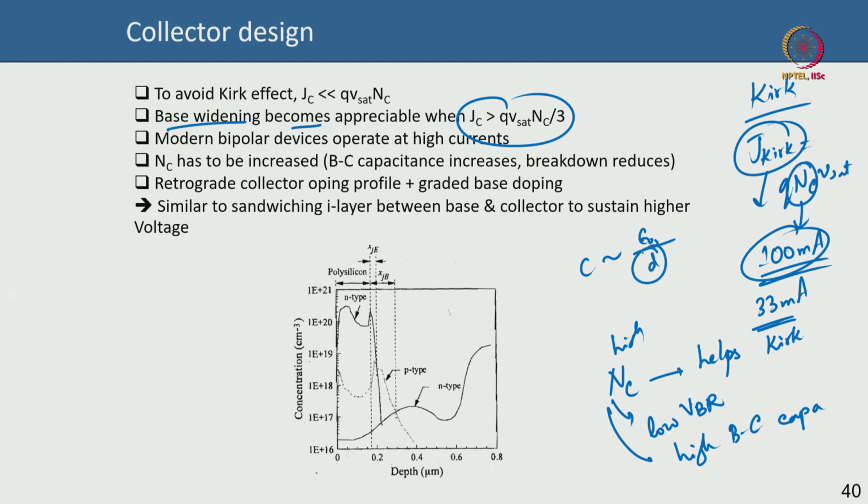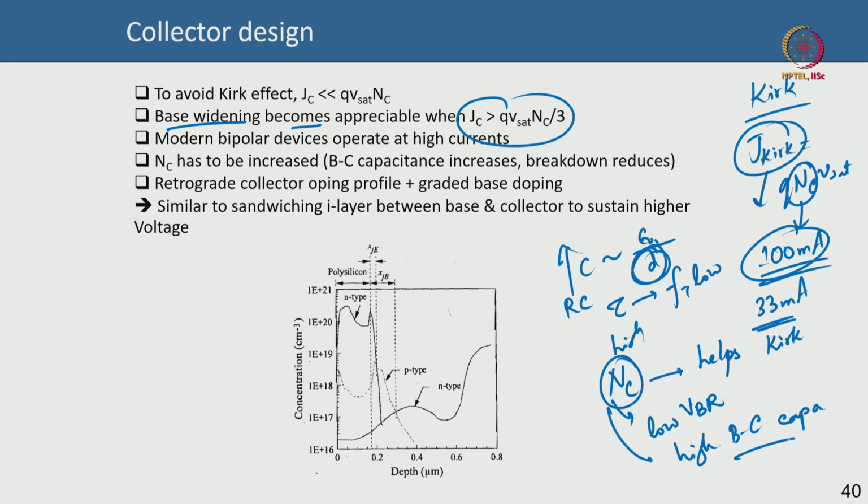If your doping is high, then your depletion is low, and if your depletion is low, your capacitance will be high. If your capacitance is high, then your RC delay will be high, which means your tau will be high, which means your FT will be low. So a higher collector doping is useful for pushing the Kirk effect higher, but it is terrible for breakdown, and it is very bad for cutoff frequency, because it will increase the base collector capacitance.